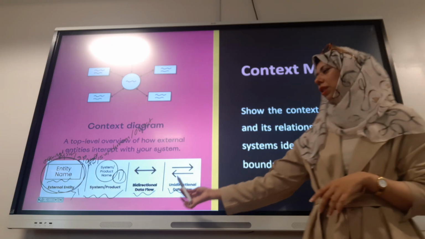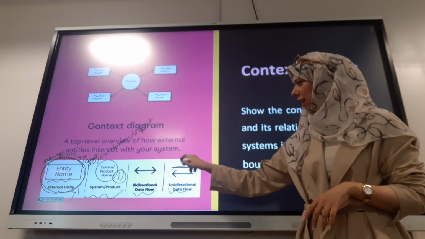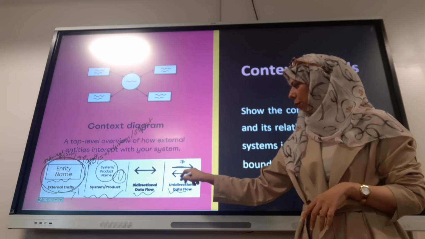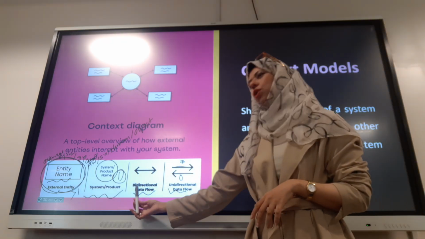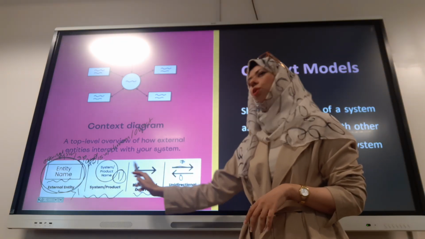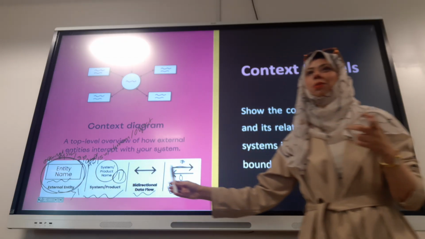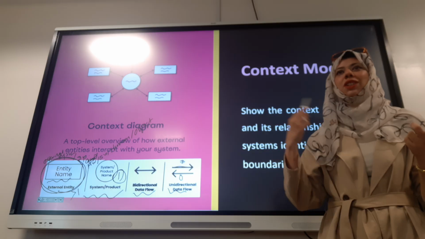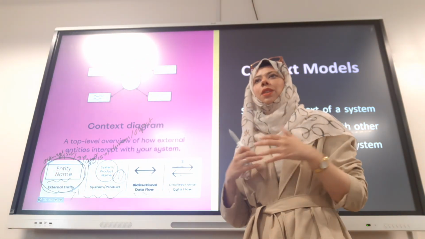Either unidirectional, where one represents an input and the other an output, or a bidirectional data flow, which means data are moving back and forth. Not necessarily input and output. It could be just data that are undergoing an AI algorithm stage.